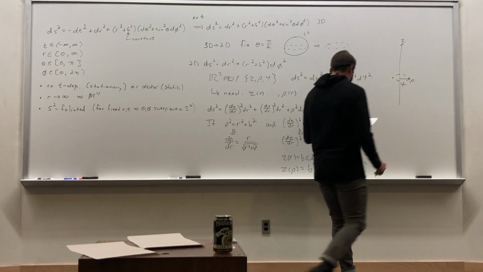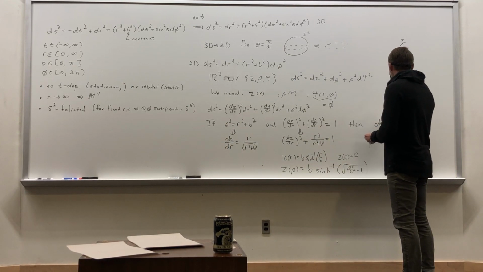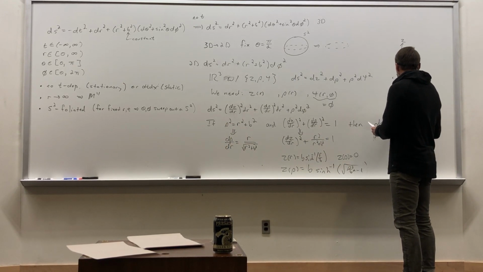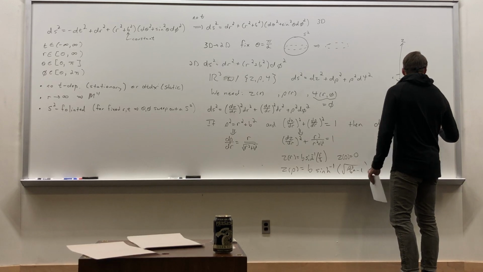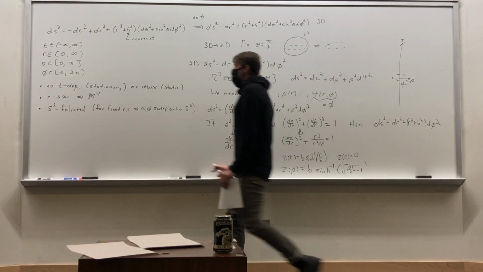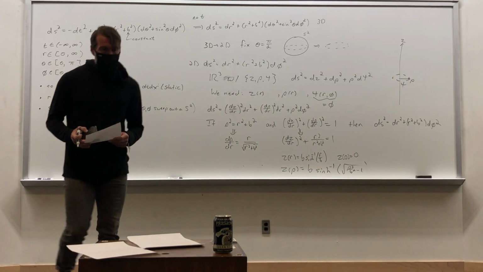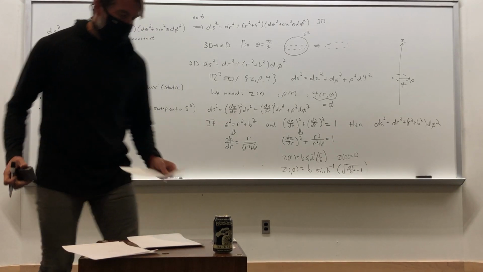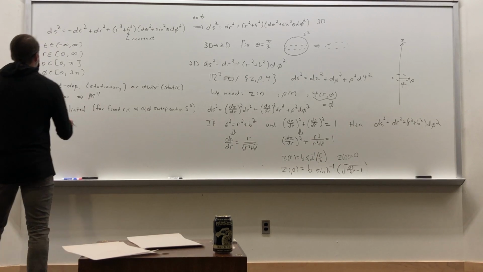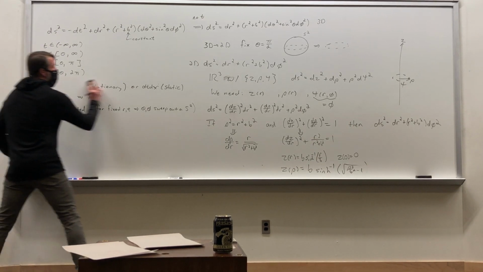Okay? And then, of course, we have the metric. It's dr squared plus r squared plus b squared d phi squared. I've got all that on the board, but what I'm really interested in is drawing this thing. So let's draw this space for a moment.